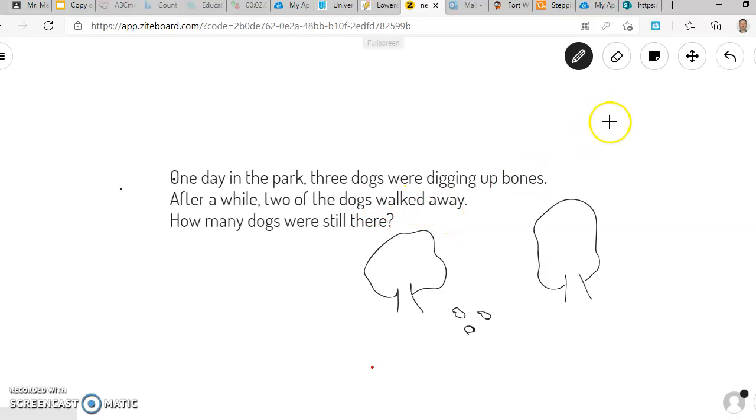So 2 of the dogs walked away. So let's imagine they walked away, and we can erase these 2. Or if you've already written with something like a pen or a marker or a crayon that you can't erase, you can just put an X. Okay, so I erased 2 of them, and how many dogs are still there? There is 1. All right, boys and girls.